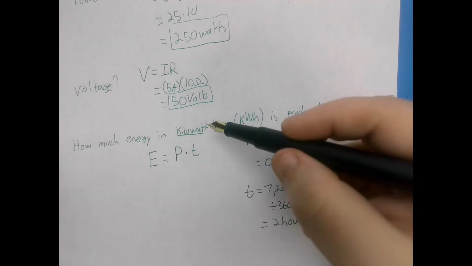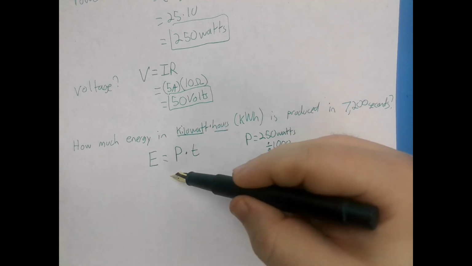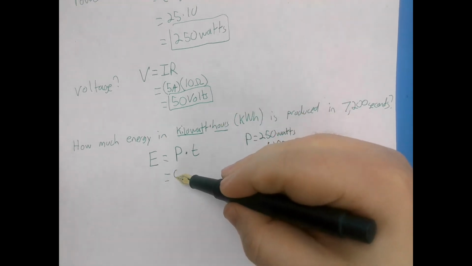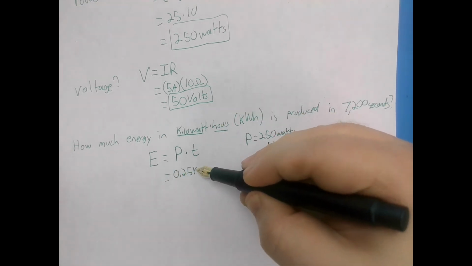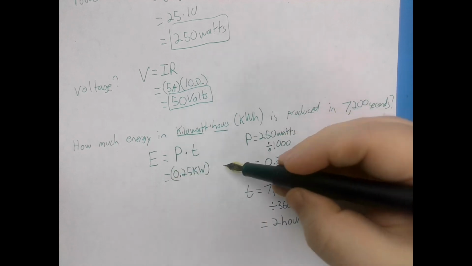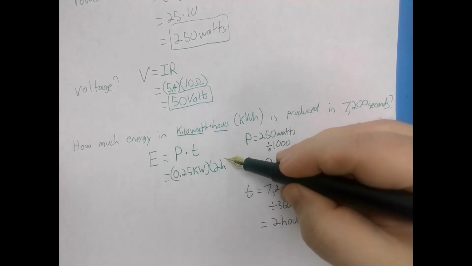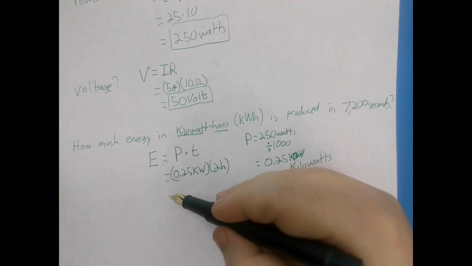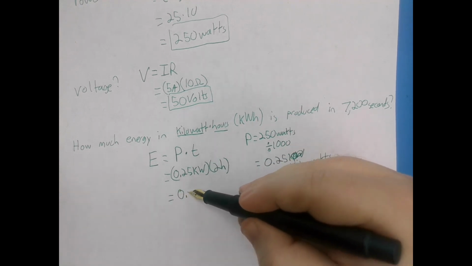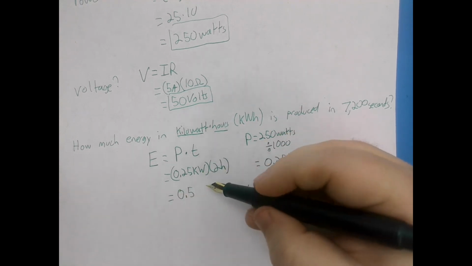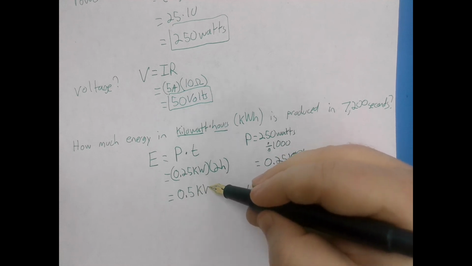So to get energy in kilowatt hours, we multiply 0.25 kilowatts times 2 hours, which gives us 0.5 kilowatt hours.